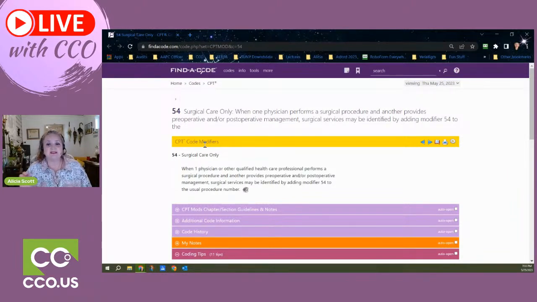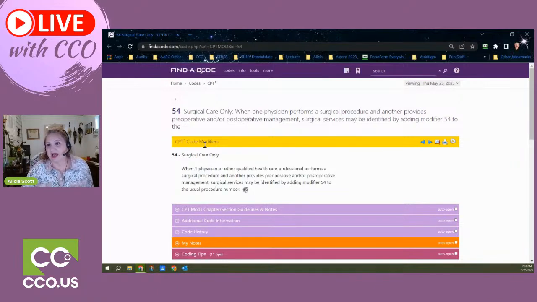procedure number. The takeaway here, though, that you need to be aware of is you use these modifiers when it's not included in the description. However, when you look at that particular code, it tells you that it's antepartum, delivery, postpartum, or delivery only, or delivery and postpartum.